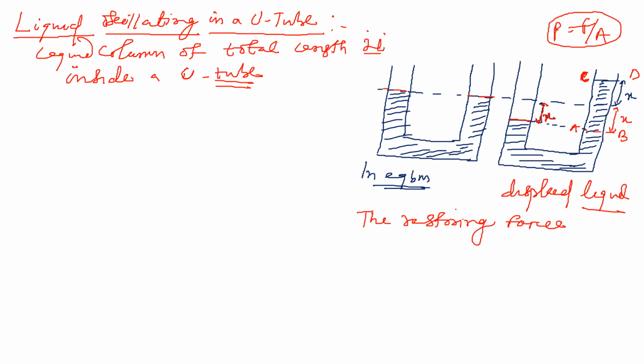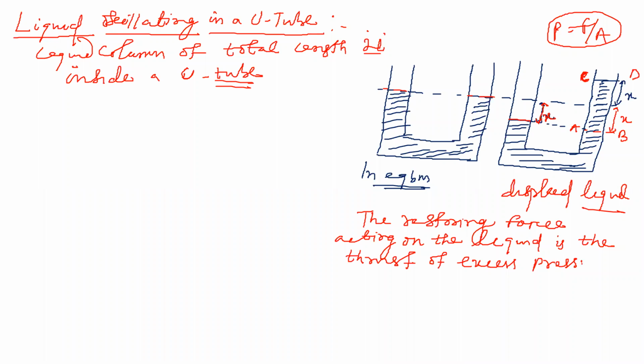So the restoring force acting on the liquid is the thrust of excess pressure due to the column ABCD. Understood? Here you see the column ABCD.